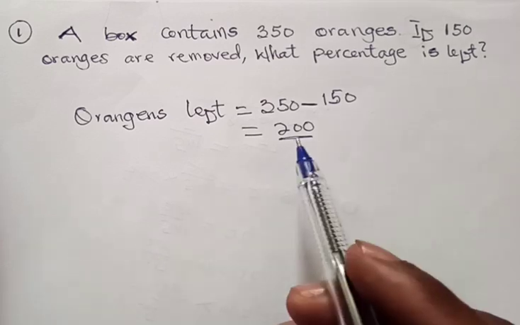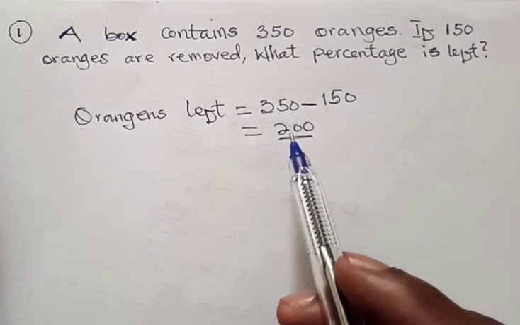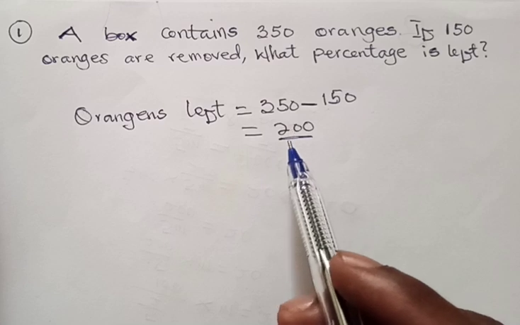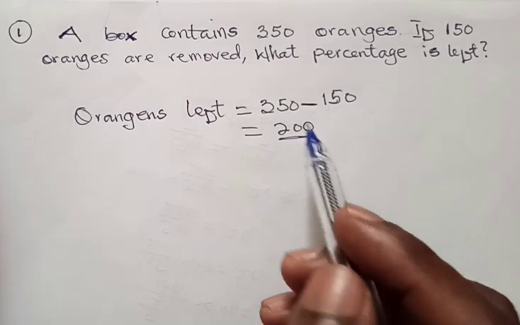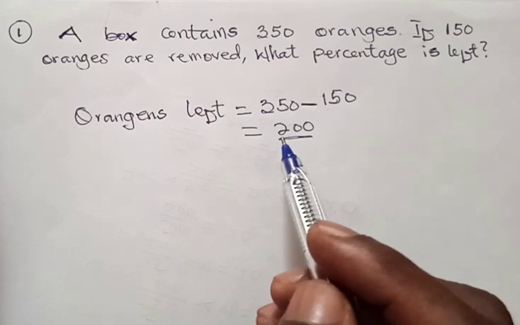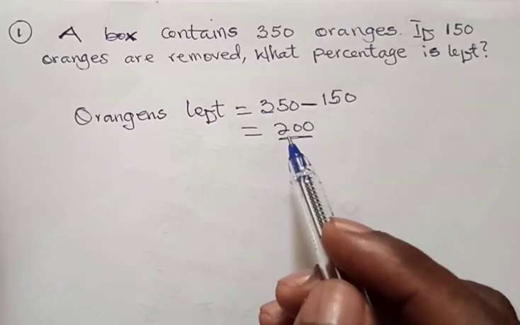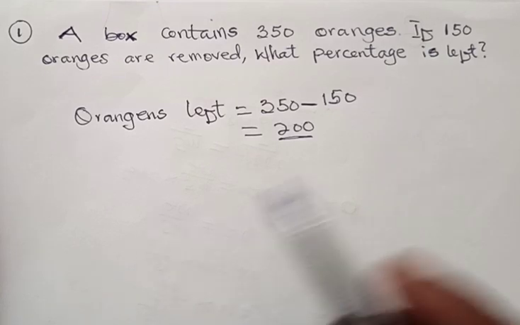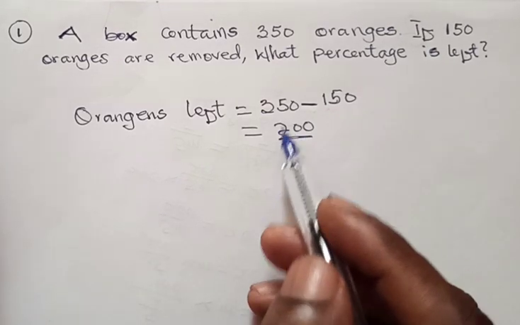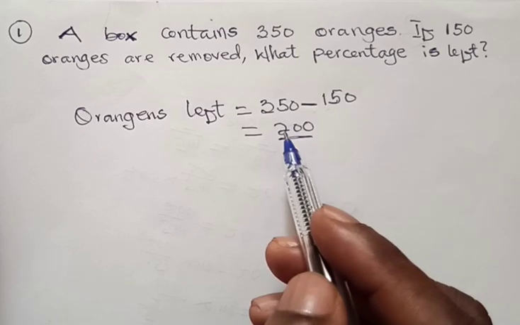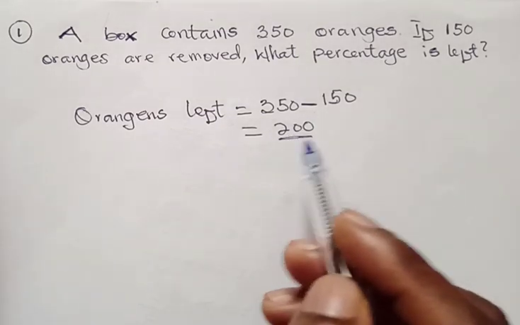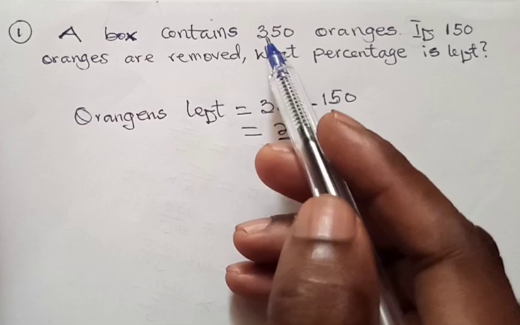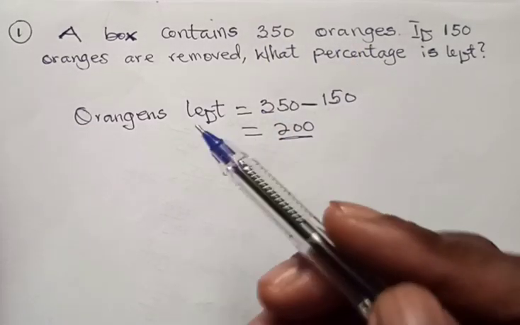Since we have 350 as the total, and we have gotten 200 as the oranges left, it is the same as expressing this total left as percentage of the total oranges. It is the same thing.